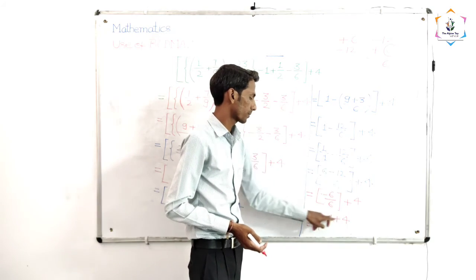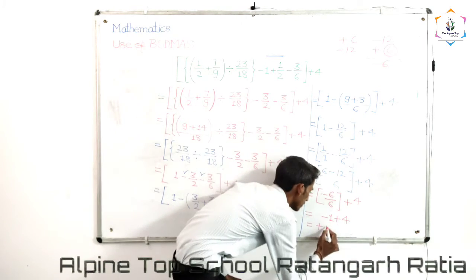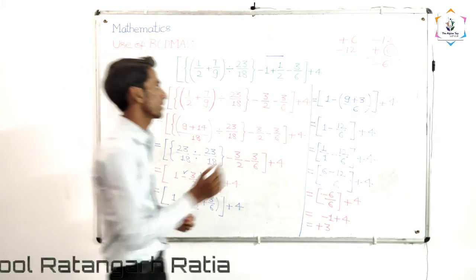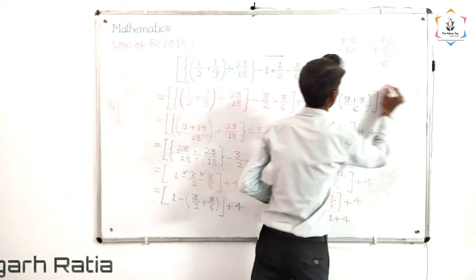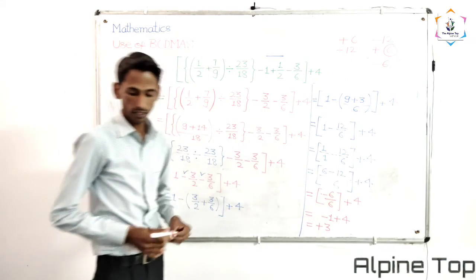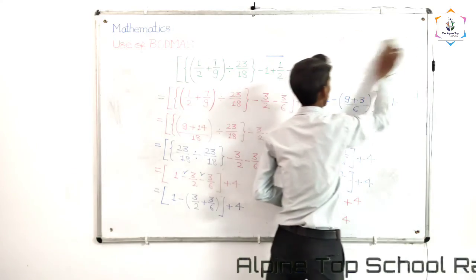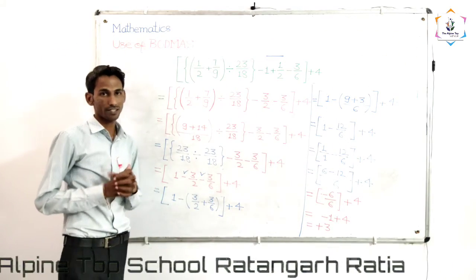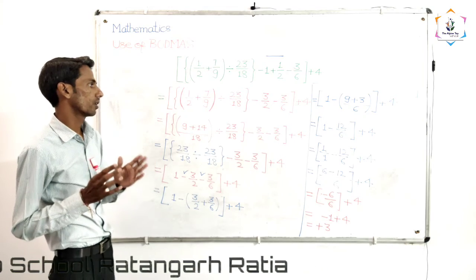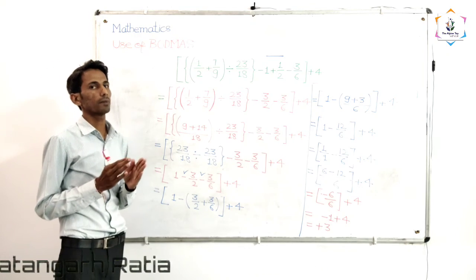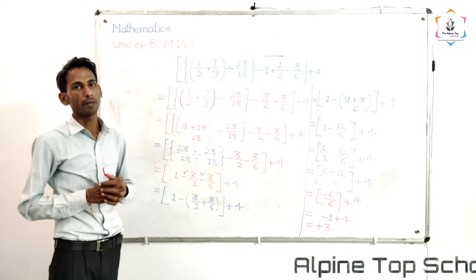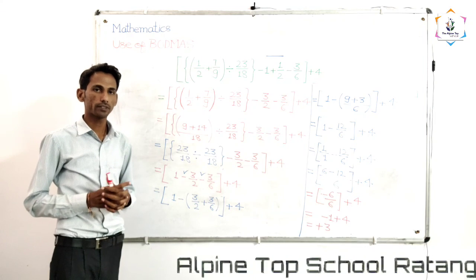It means when you subtract 1 from 4, you will get 3. Dear student, the answer of this problem is positive 3, which I have already shown at the end of this problem. I hope you have cleared this system, and now I hope you are able to implement the BODMAS system to sort out mathematical problems. Thanks for watching.